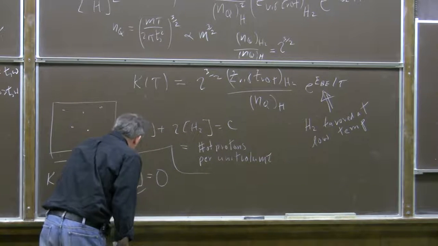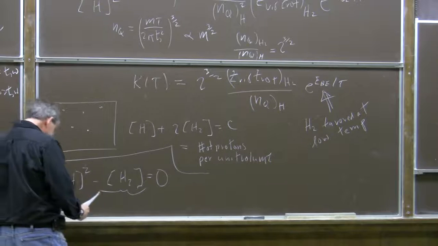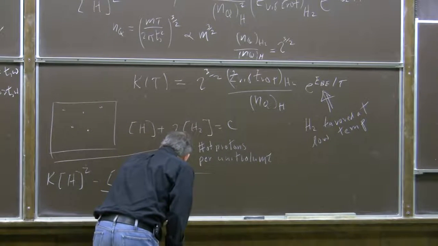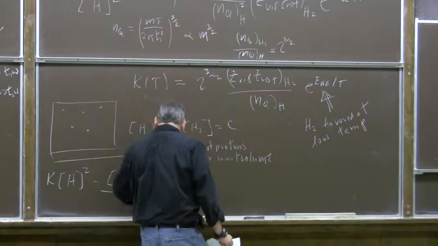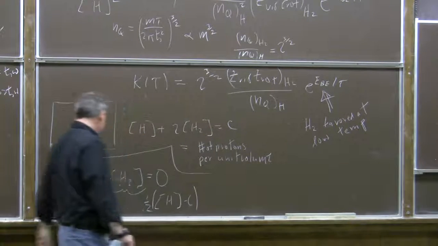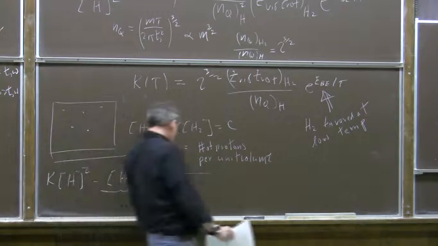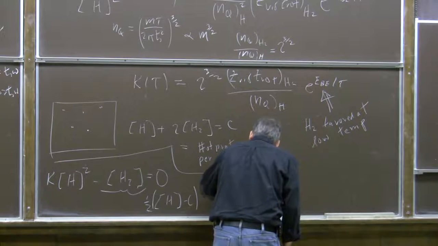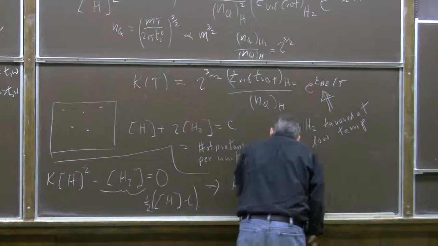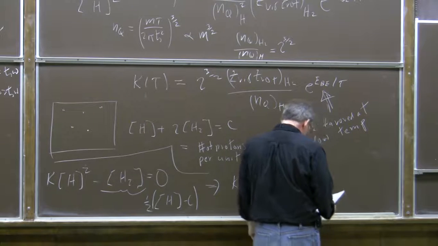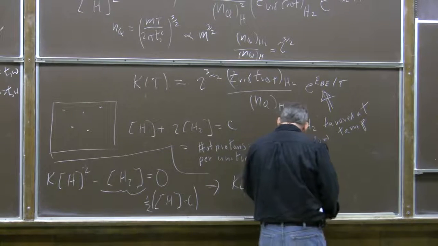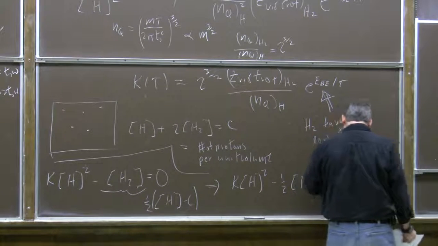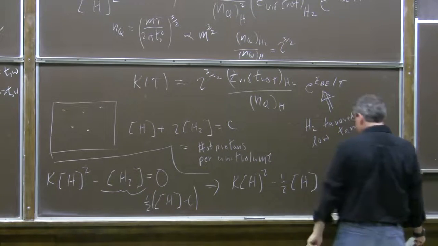But for the concentration of hydrogen molecules, I can use from this equation 1/2 the concentration of hydrogen atoms minus C. So the equation that we can solve to find the concentration of hydrogen atoms is just K times concentration of hydrogen atoms squared minus 1/2 concentration of H minus 1/2 C is equal to 0.